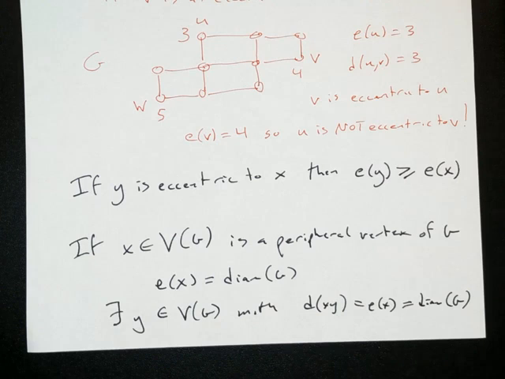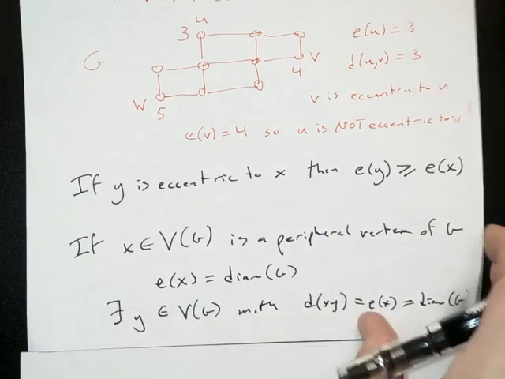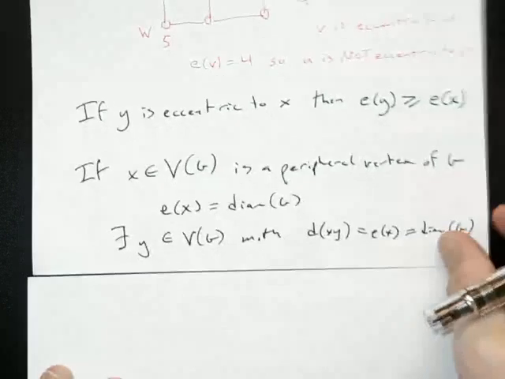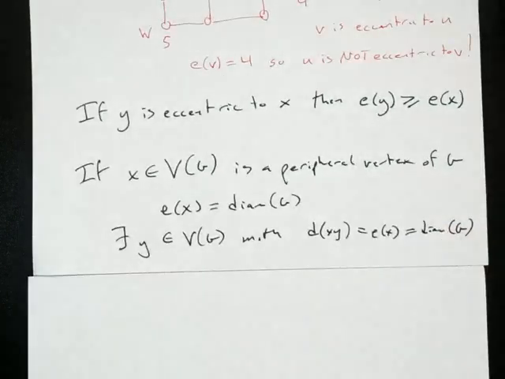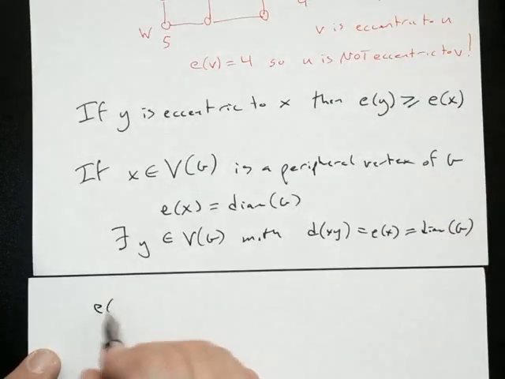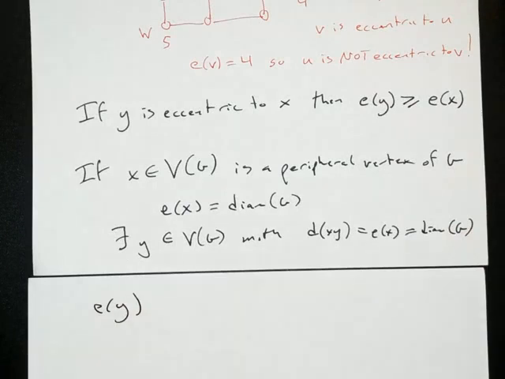What's the eccentricity of Y? Because we know right here it's got to be at least the same as the eccentricity of X. But that's the maximum eccentricity we can have.